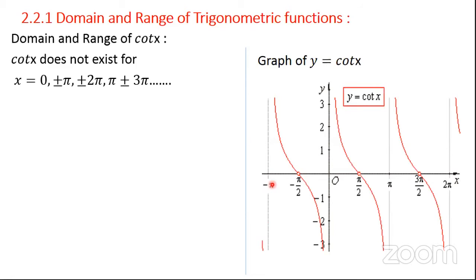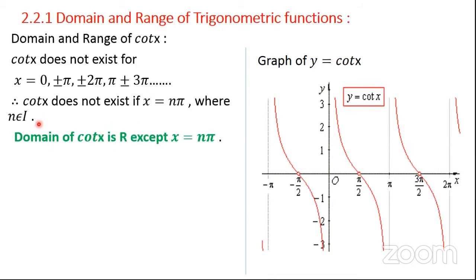So for cot x also we get denominator value 0 if it is 180 degrees, 360 degrees, or minus 180 or minus 360. Therefore cot x does not exist if x is equal to n pi, where n is from the set of integers. Therefore, the domain of cot x is the set of all real numbers except x equal to n pi.